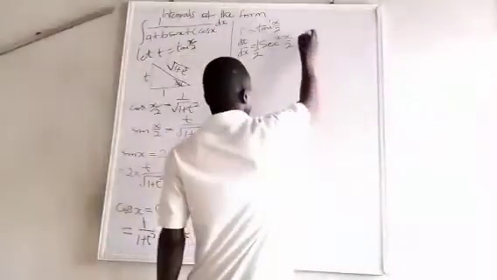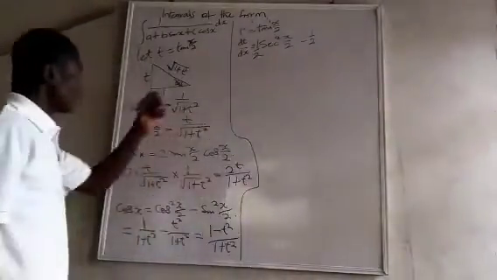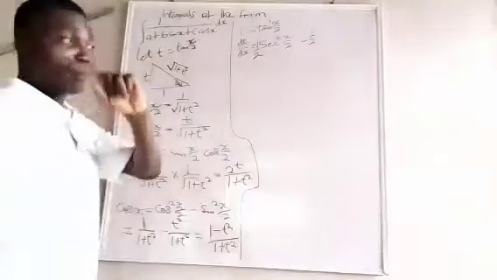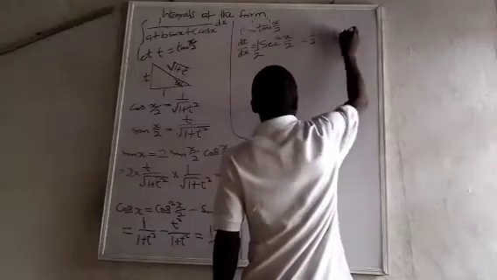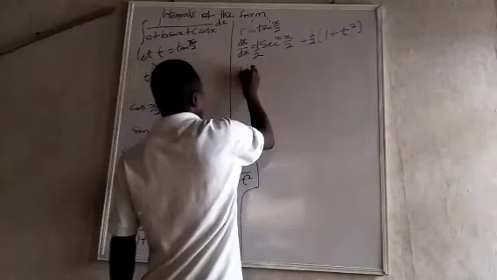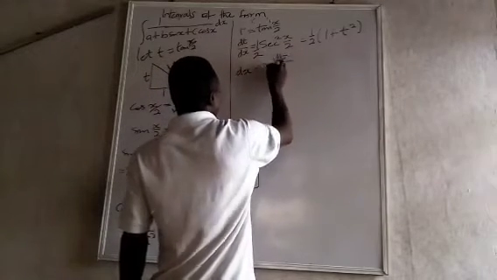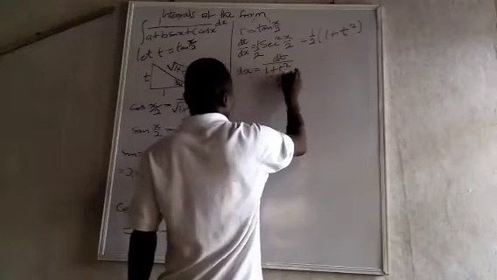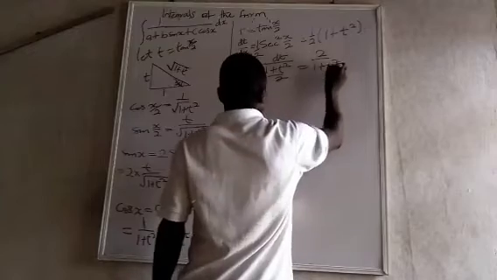And what is sec square x over 2? 1 plus t squared. So dx now will be equal to dt over (1 plus t squared over 2), which is 2 dt over 1 plus t squared.